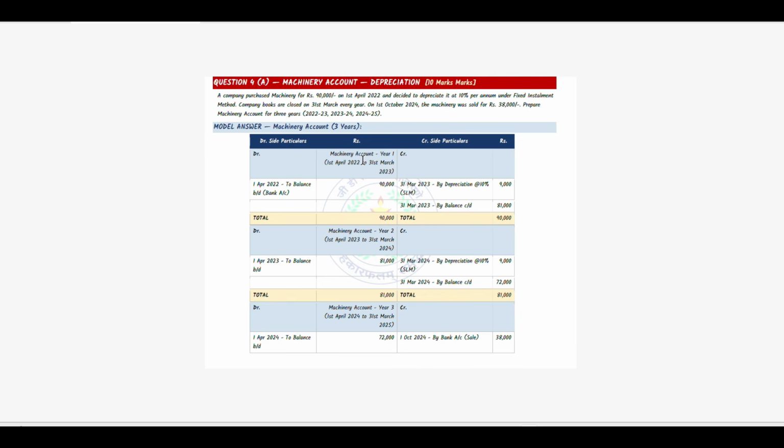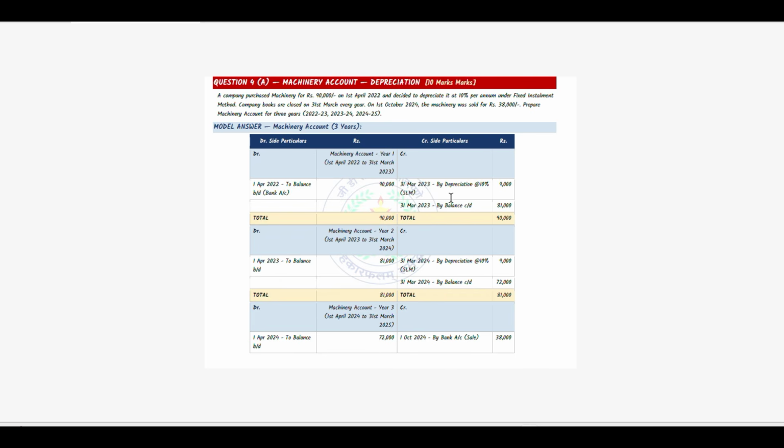On the debit side, the machinery account for the first year, that is 1st April 2022 to 31st March 2023: 1st April 2022 to bank account, which is just 90,000 rupees. And then on the credit side, 31st March 2023 by depreciation at 10%. So 10% of 90,000 is 9,000.